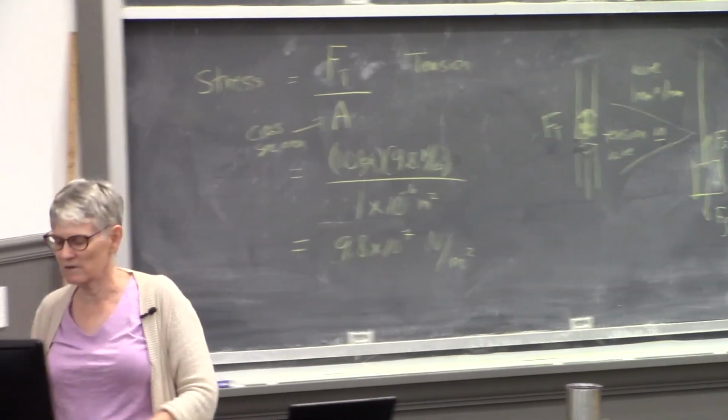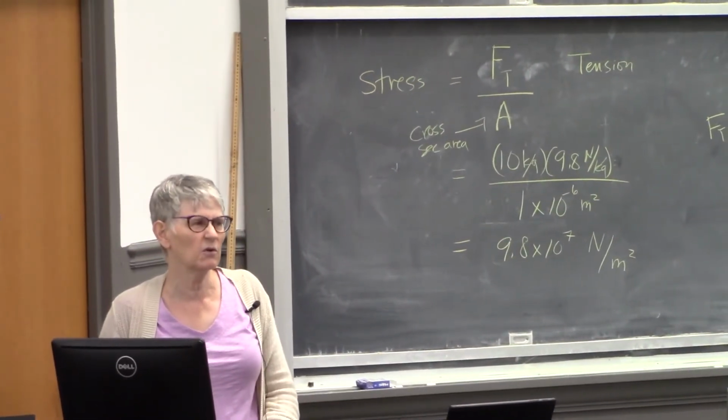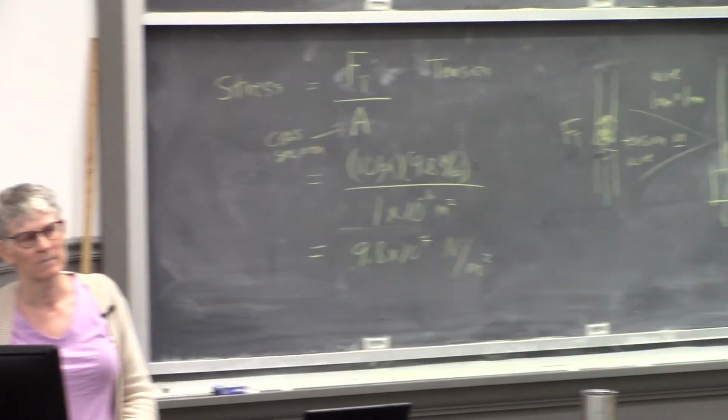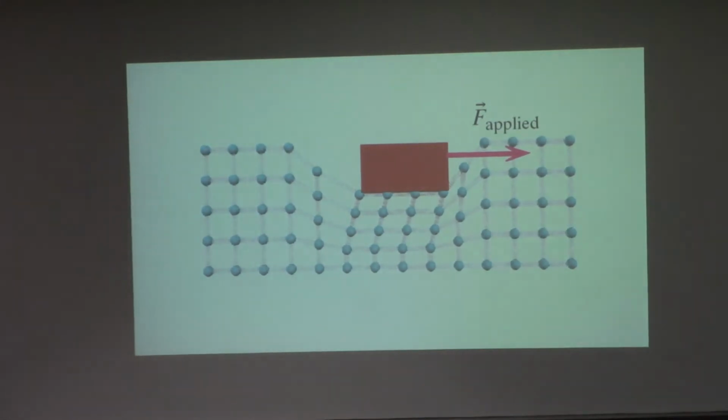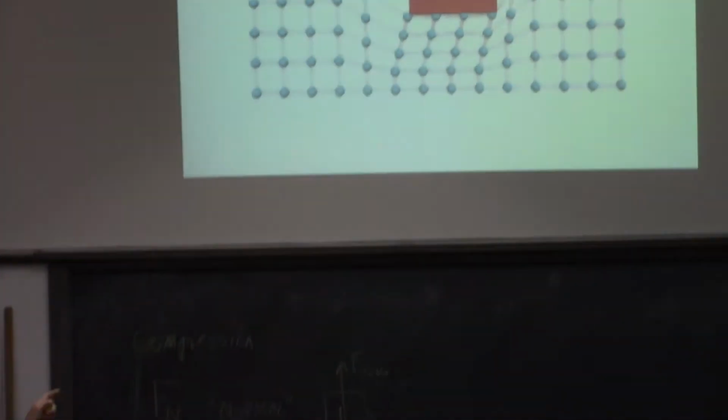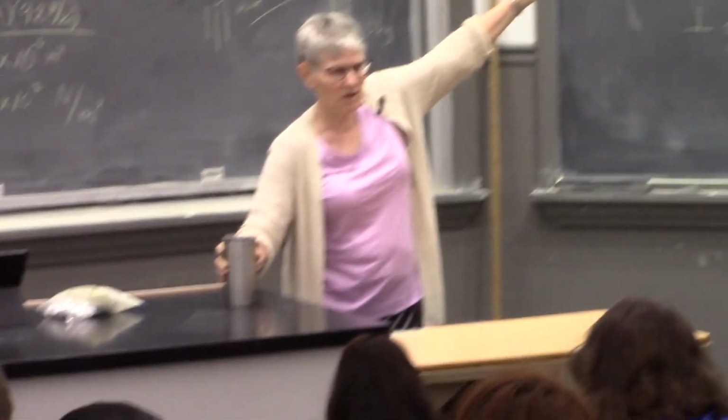What happens if we pull the brick to the right? So we apply a force to it, and we pull it. Well, this teacup, or our brick, has actually sunk down into the table a little bit, right? And so as we pull it, it's actually running into some atoms and bonds there.